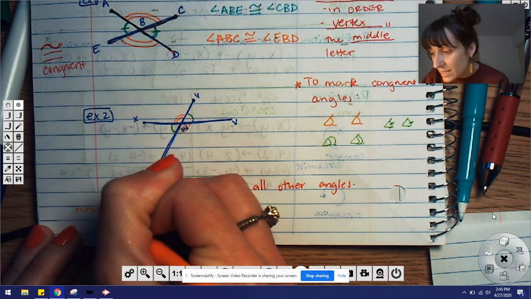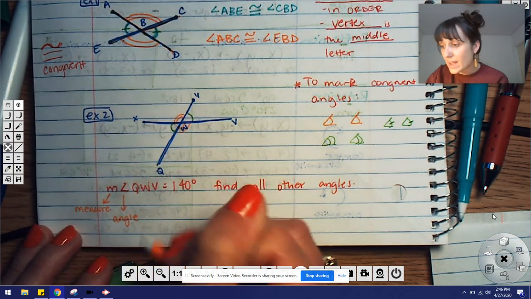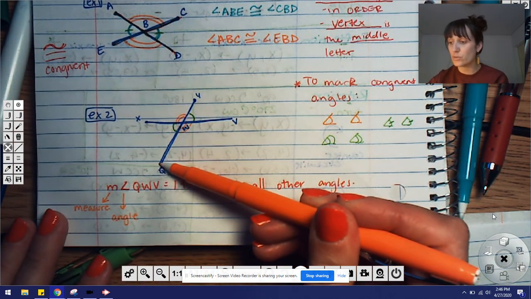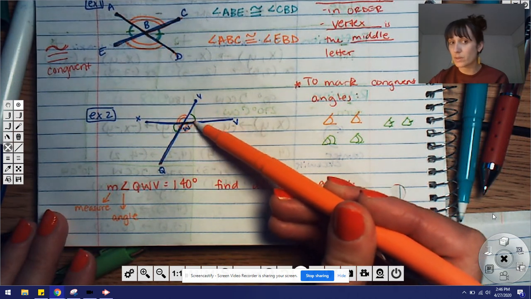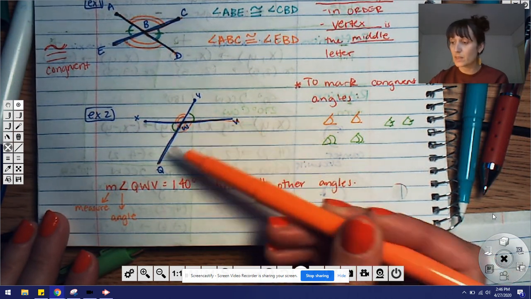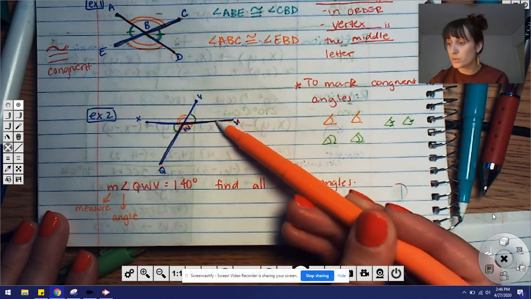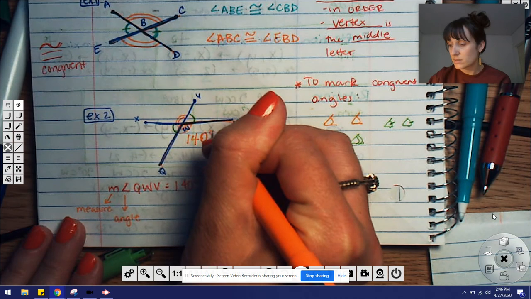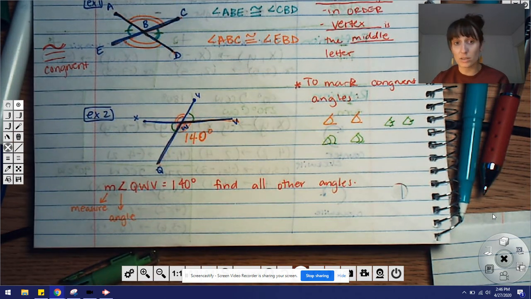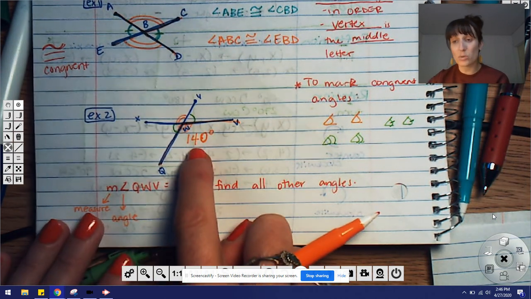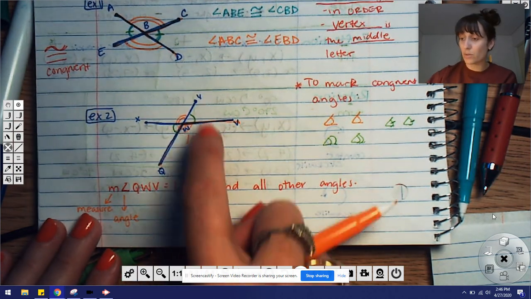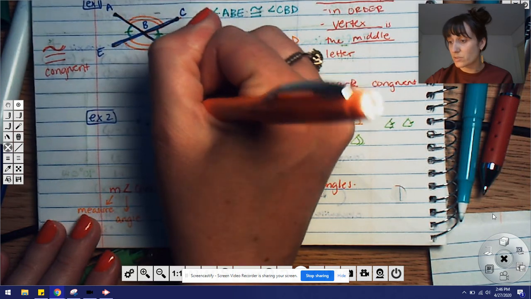So this is really saying the measure of angle QWV, pause, trace. Where is QWV? The measure of angle QWV is 140 degrees. I need to find all other angles. Well, I've already marked that this angle is 140 and my bow tie angle, the one across from it, will also be 140 degrees.